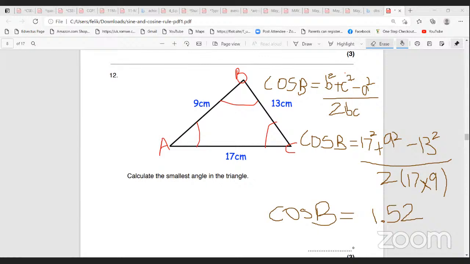So do take your time and go through the procedure as I showed you last night. So put in your 17 square plus your 9 square and subtract the 13 square. Yes, I got 201. Then divide.